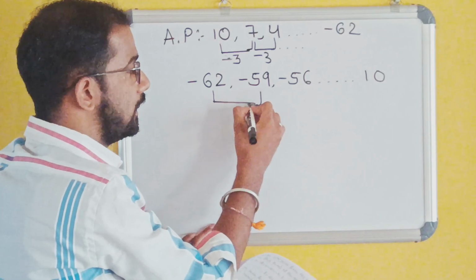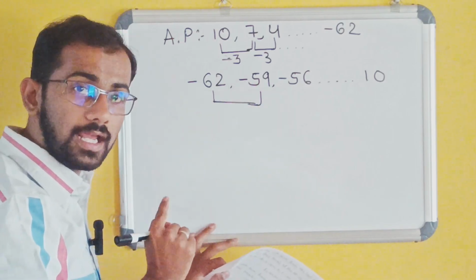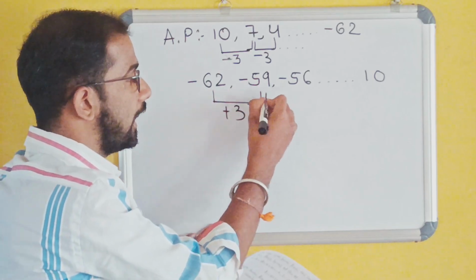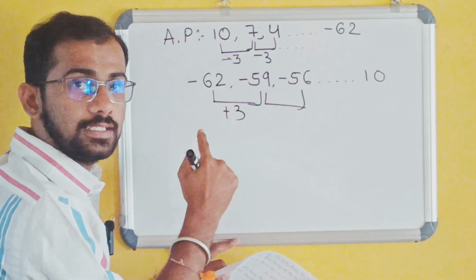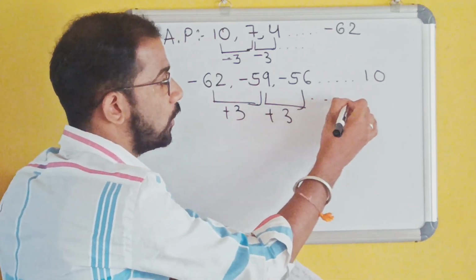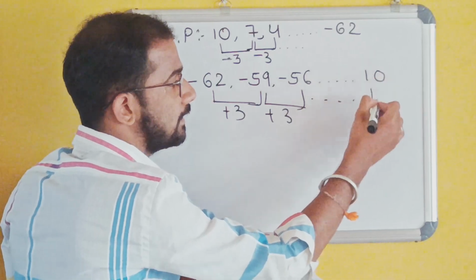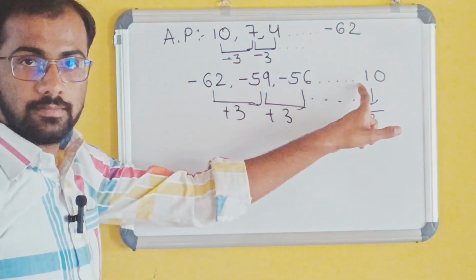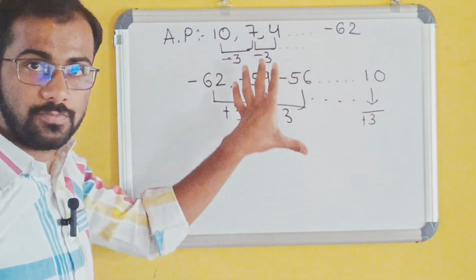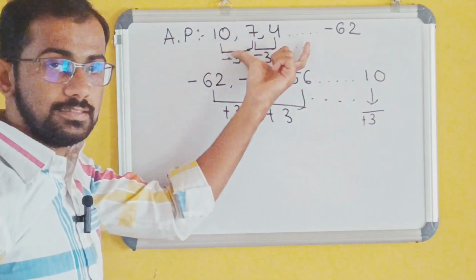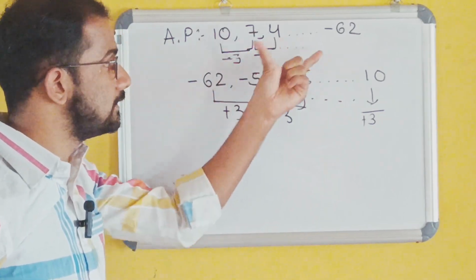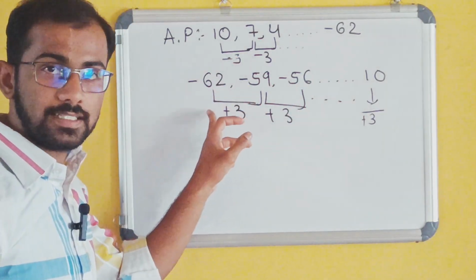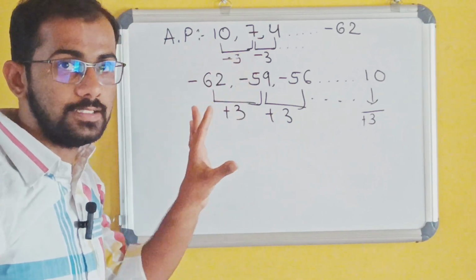The difference between minus 59 and minus 62 is plus 3, and minus 56 minus minus 59 is also plus 3, and so on up to the last term, 10. This is the first step: I wrote the sequence in reverse order, changing the common difference from minus 3 to plus 3.